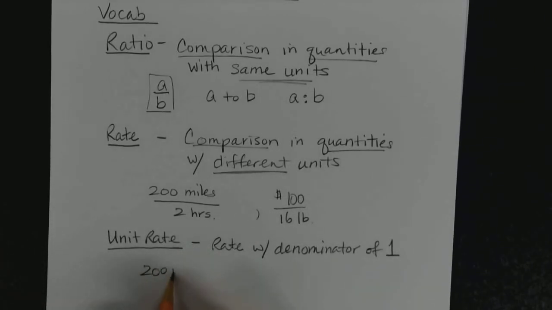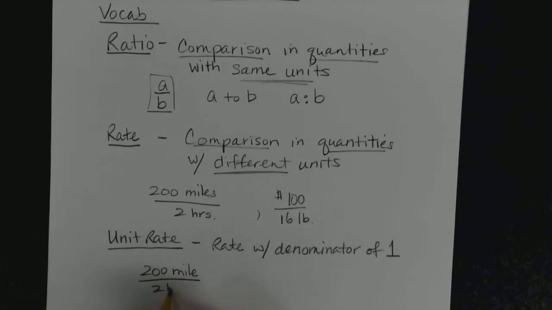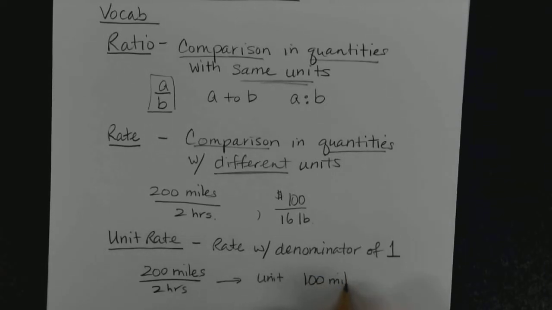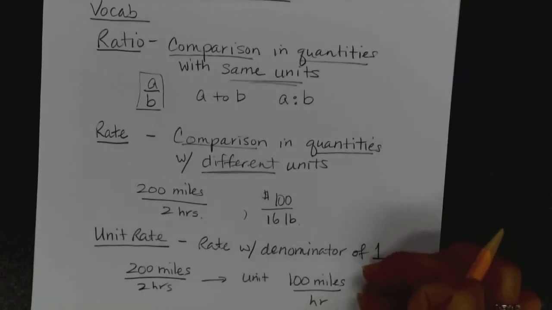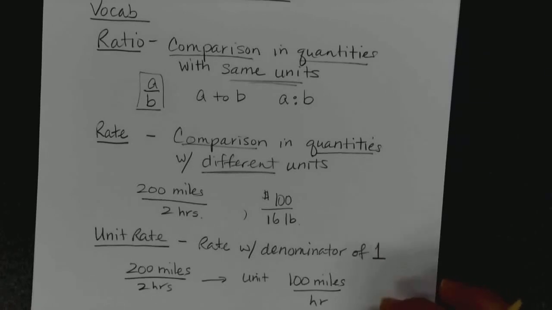If I want to convert 200 miles for every 2 hours to a unit rate, 100 miles per hour is a unit rate. So you travel 100 miles for every hour. That's a unit rate. So what would it be if I were to do $100 divided by 16 pounds?